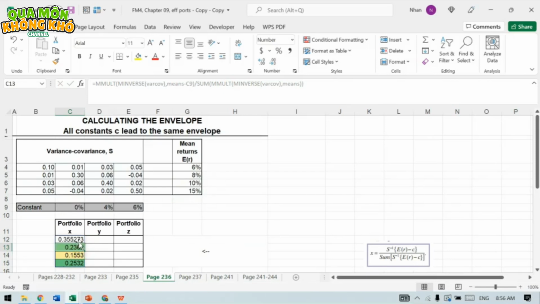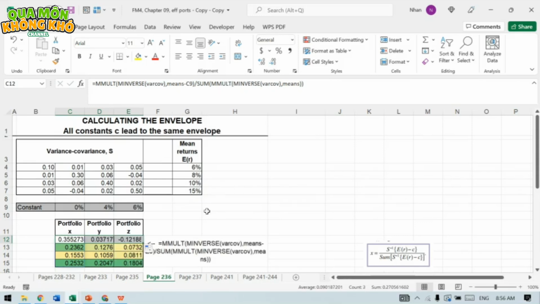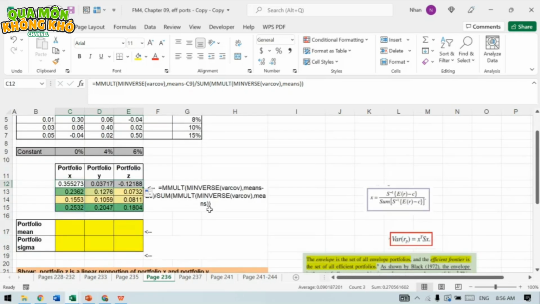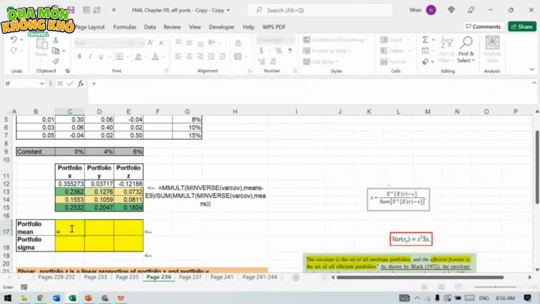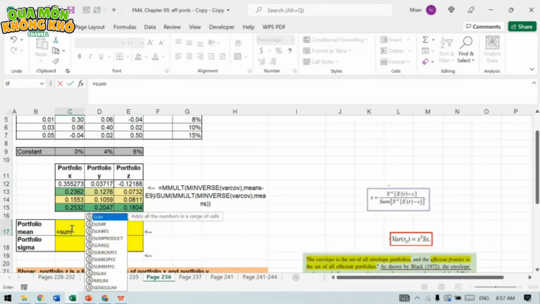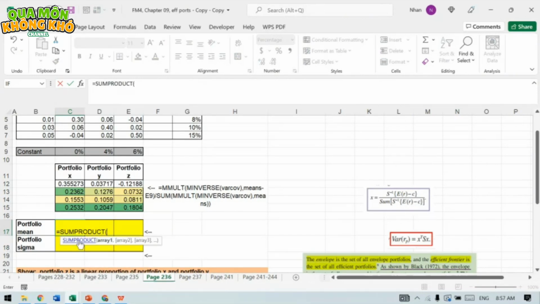And then I drag it over. Just here. And I have the proportion of each asset in each portfolio, so I can calculate the portfolio means and standard deviation as well. Sum product and the mean.